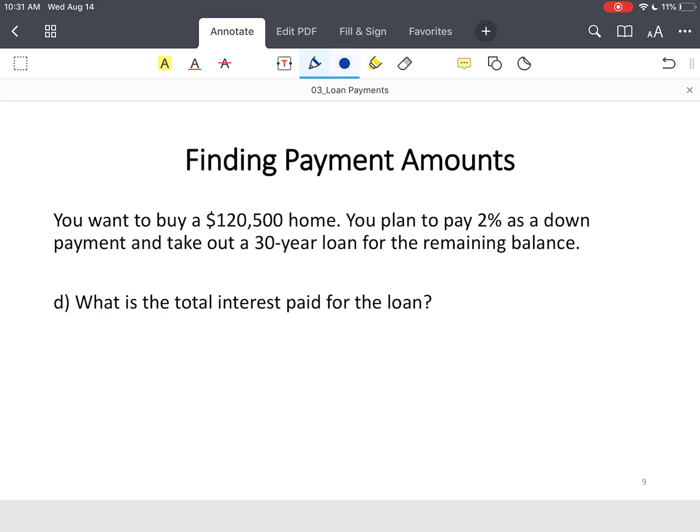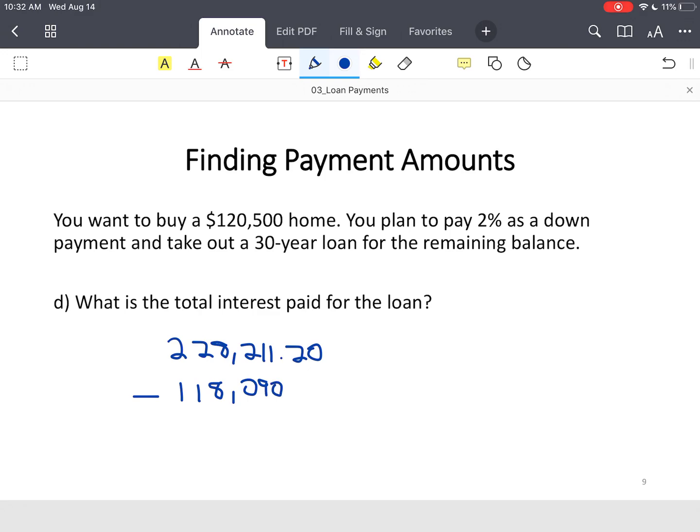So what you've got to do is take your last 2 answers, which was $228,211.20. Now your loan amount was $118,090.